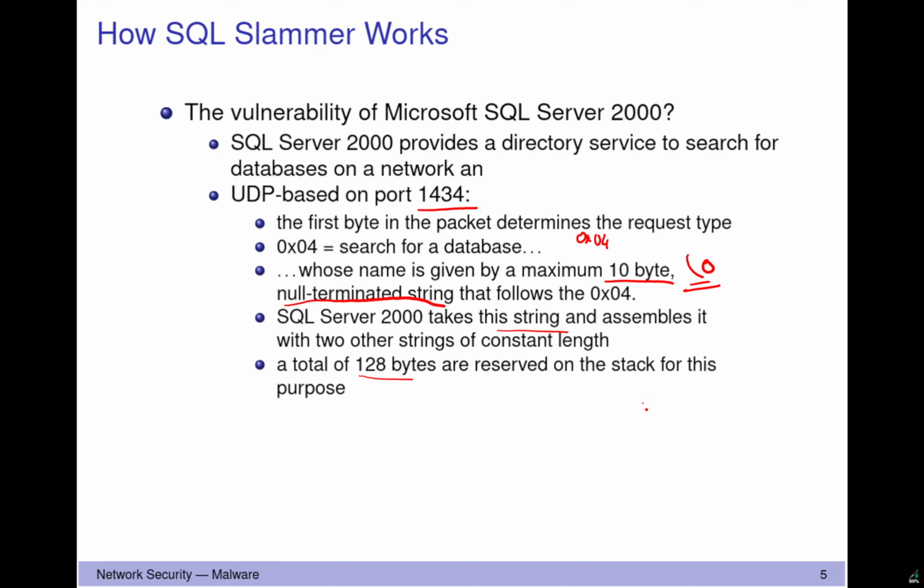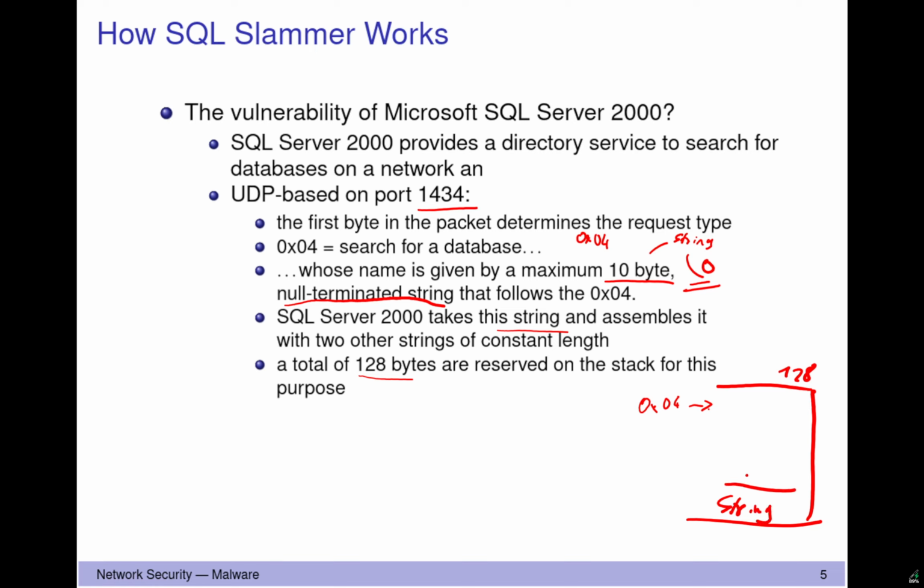So you get the request, then it takes the string. Let's say this is our string that we are looking for. It identifies that there's a request coming in, so I should write this string on the stack. Here's my stack. I have 128 bytes reserved for this. So I put the string here.